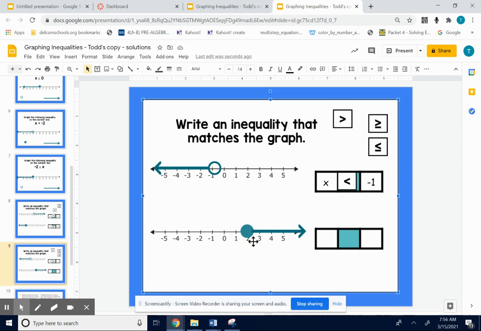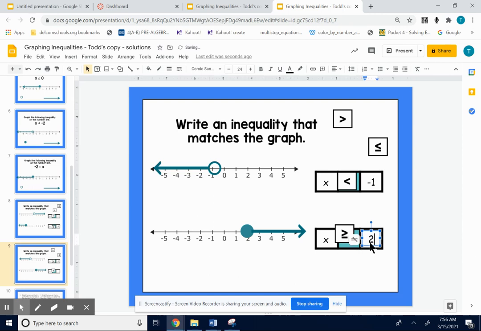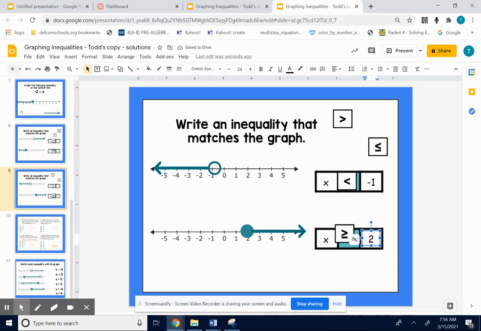The next one is showing everything to the right, greater than 2, and it includes it. So x greater than or equal to 2. I'll let you work out the last couple slides on your own just to see how you can do.